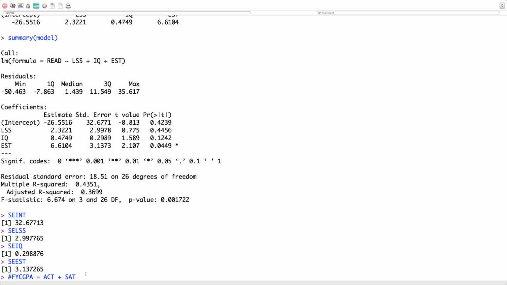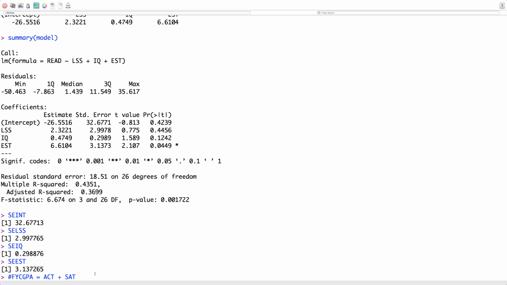Nevertheless, what I want you to focus on are the interpretations. If we were going to interpret the coefficient for ACT, we would say controlling for the SAT score, the predicted first-year college GPA will change according to the coefficient for ACT.